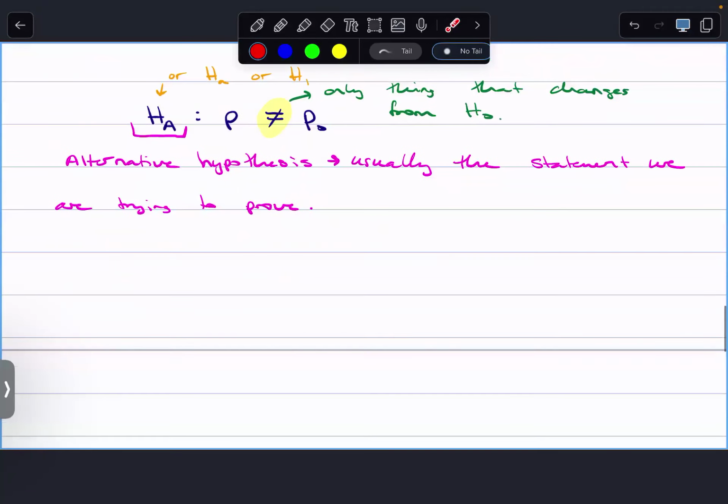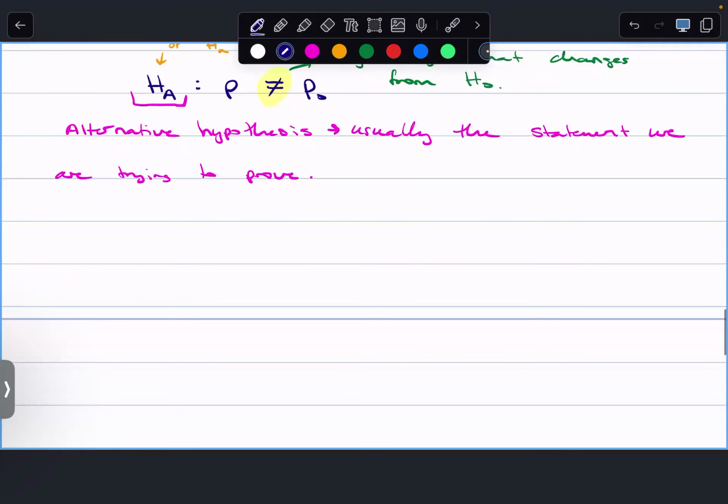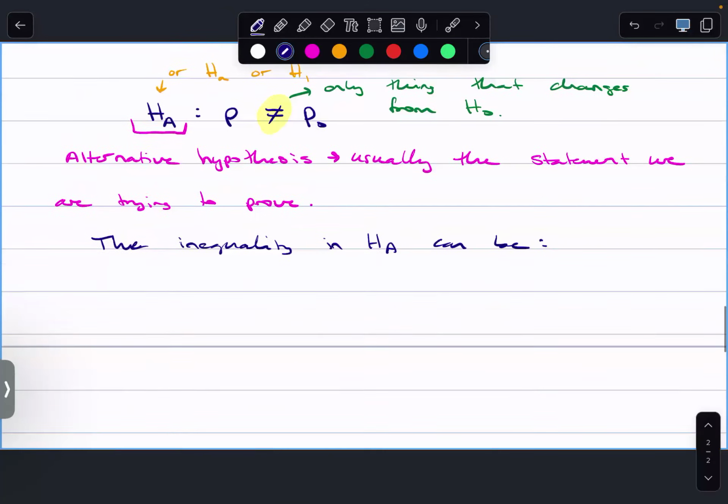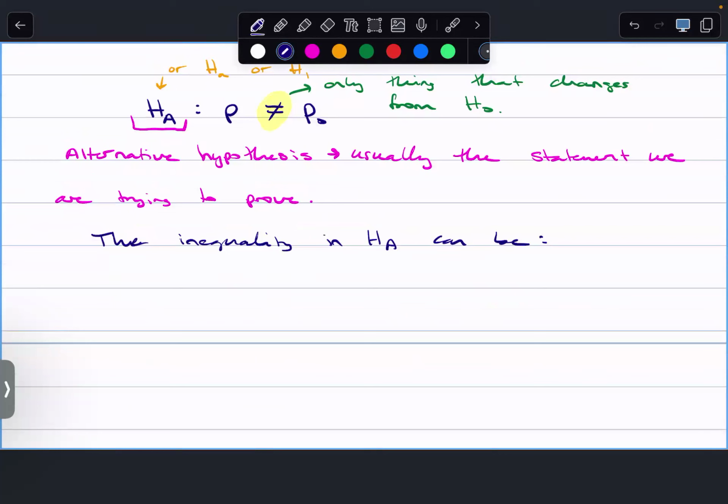And so the inequality in HA can be less than, right?